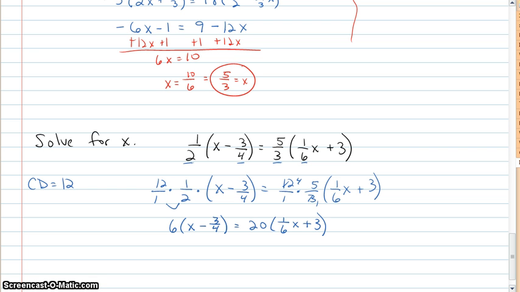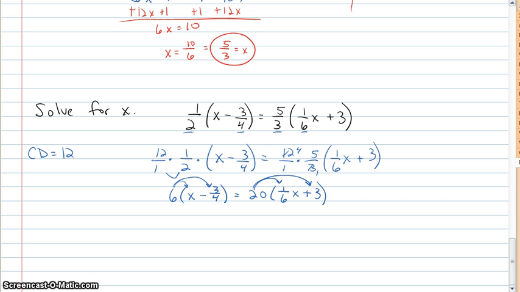Now you'll notice that if I were to distribute the 6, the 4 will not reduce. And if I were to distribute the 20, the 6 will not reduce. That happens sometimes. Think about why that happens.